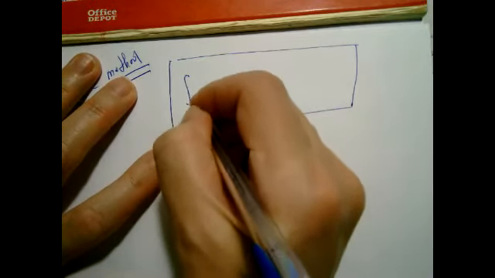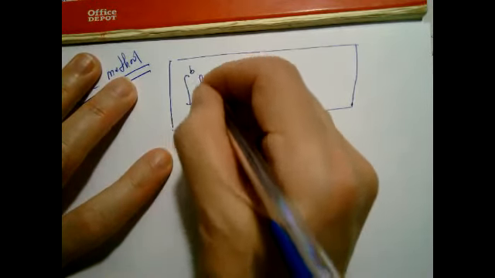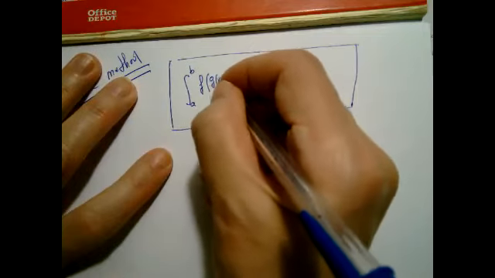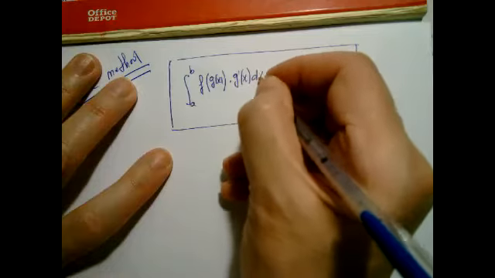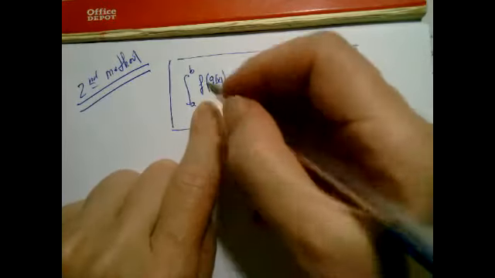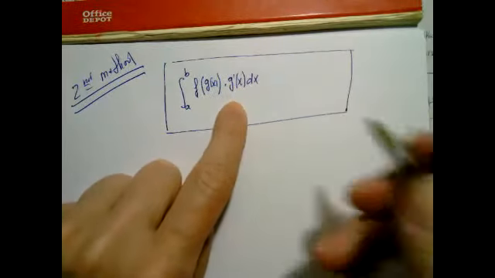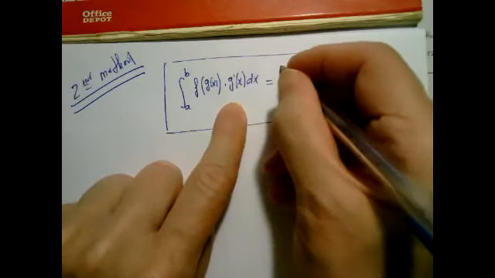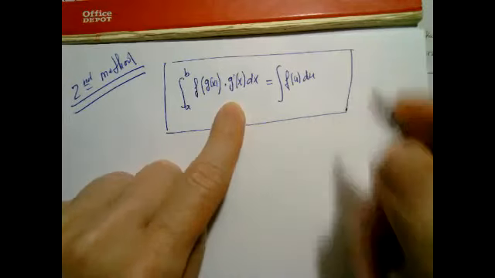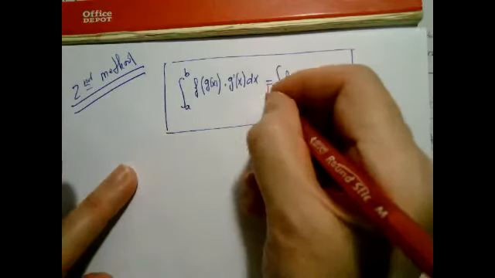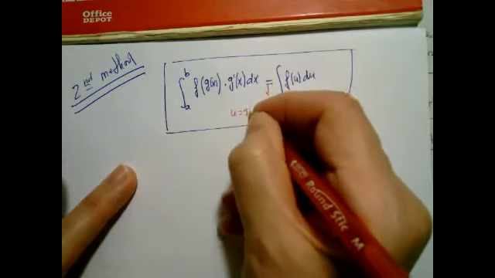If I have a definite integral where substitution is in order, so the same scenario, we have an inside and its derivative, then this definite integral is the integral of f of u du, where my u is g of x.